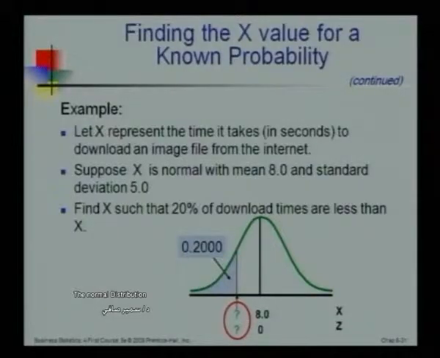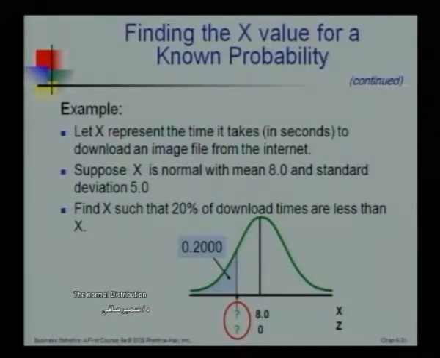Now look at this example. Let x represent the time it takes in seconds to download an image file from the internet. The same example as we did before. And here we assume that x is normally distributed with a mean of 8 and a standard deviation of 5.